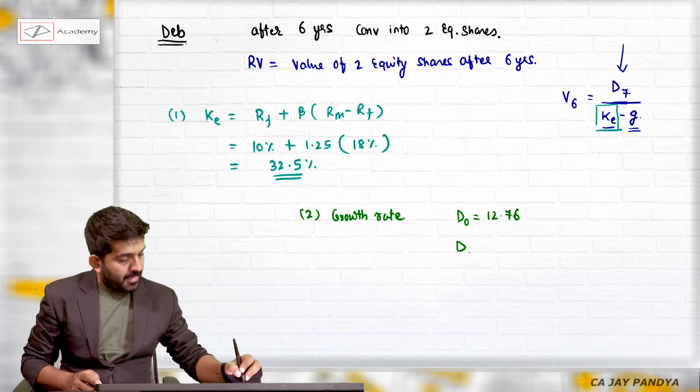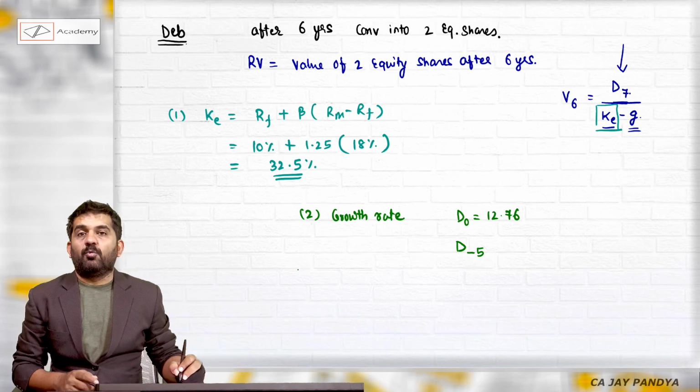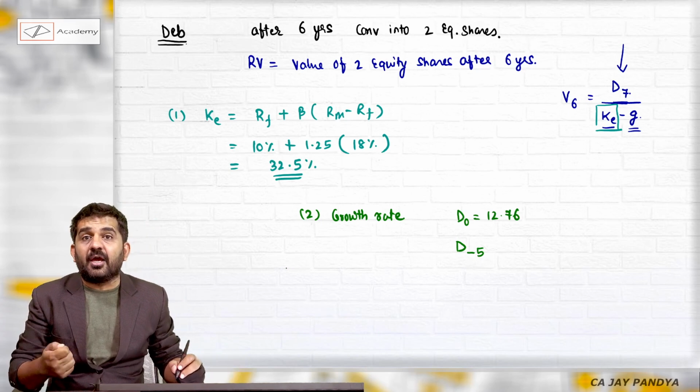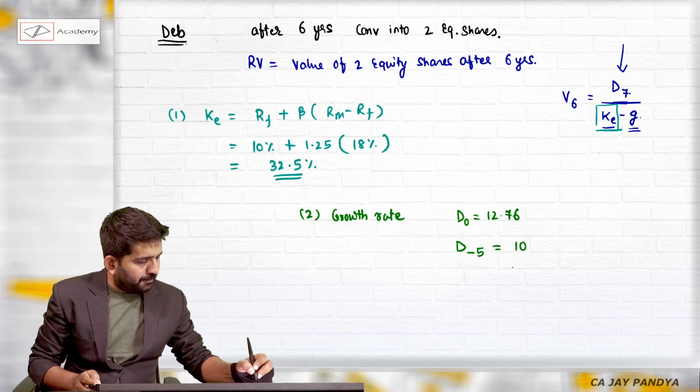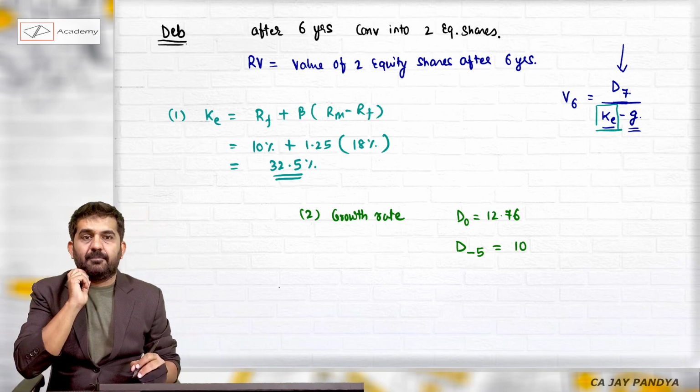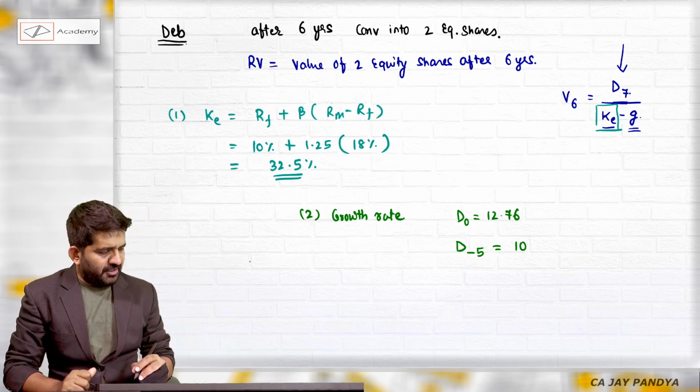D minus 5. What is D minus 5? 5 years ago, the company has paid a dividend of rupees 10 per share. Try to concentrate.